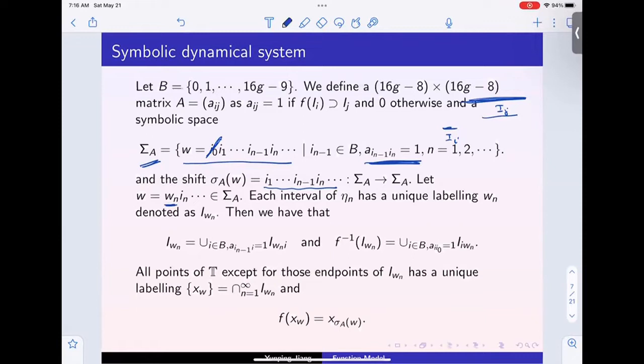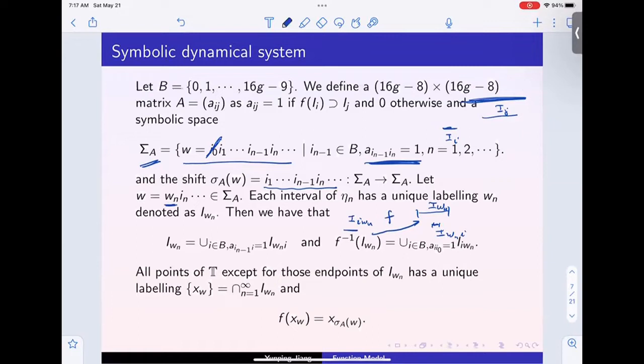So here is W_n. If you put I here, you get a subinterval. If you put I here, you get one of the pre-images. That means I really should do it this way, because F is not one-to-one, it's a many-to-one map, right?